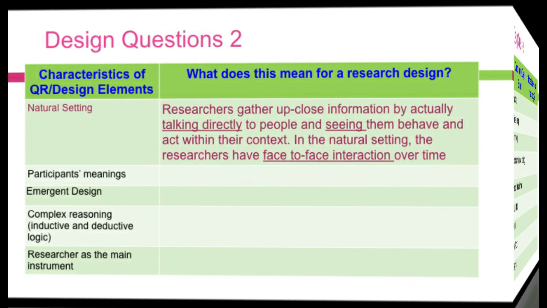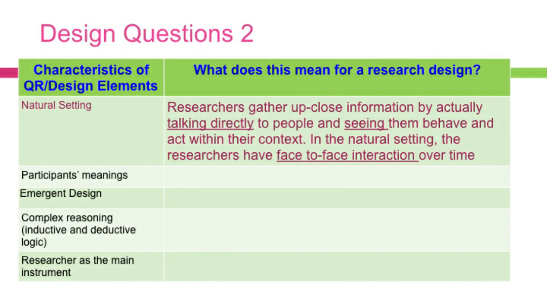We will move then from the table to letting us fill in the first row, which is the natural setting. So we move to design questions 2. Now I have filled in this. In this, what is the design element here? How do we give it life?